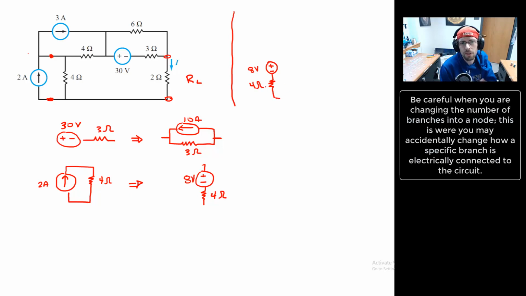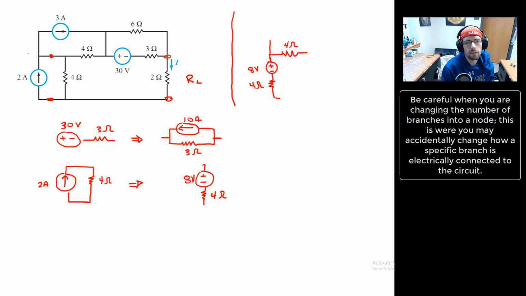And notice I could put that 4 ohm resistor, it doesn't matter if I put it above or below. Okay. And now I have to make sure that this has the same electrical connections as the previous current supply. So this remains a 4 ohm resistor.